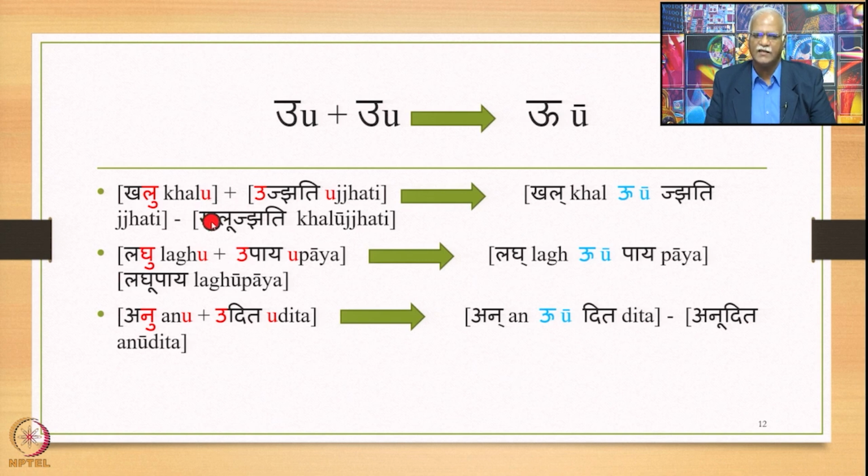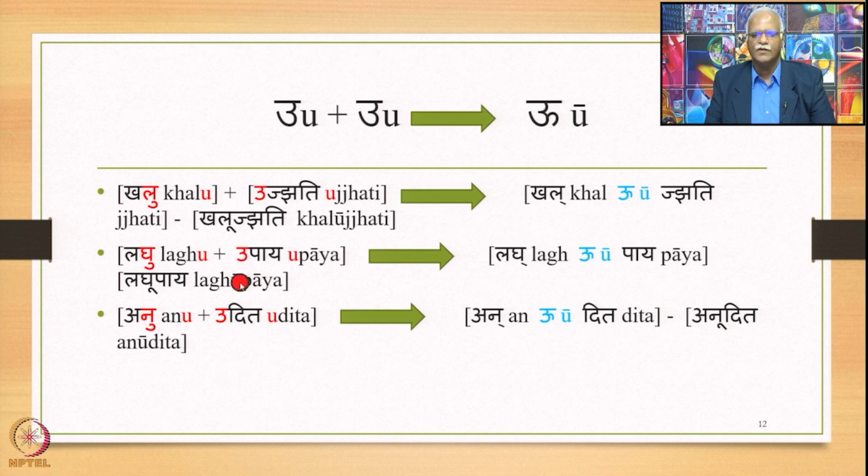Now let us take the other example where the ukaras are part of one pada, notably here a compound. So laghu plus upaya. This is a compound. Laghu has u at the end, followed by u at the beginning of the word upaya. Since this is a samasa or compound, samhita is obligatory.